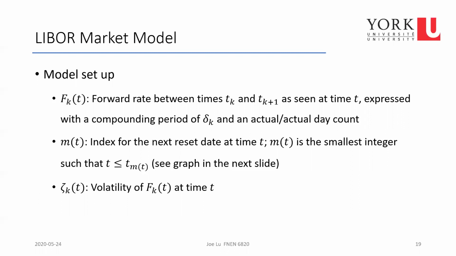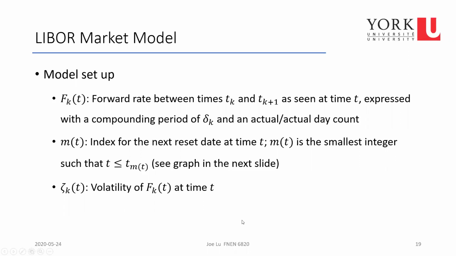Okay, now to set up the model, we have a few notations. Let's use F_k(t) to denote the forward rate between time k and time k plus 1.